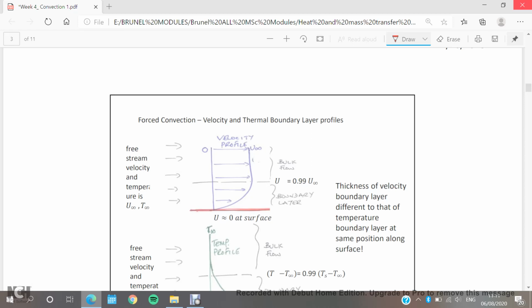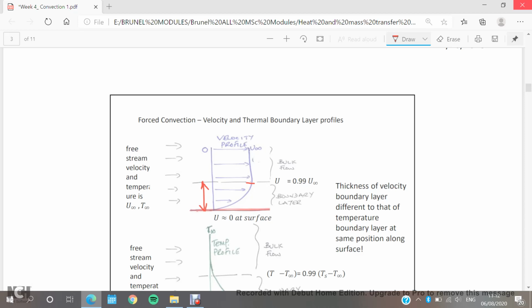The boundary layer thickness ends when the u at this point is equal to 0.99 u infinity, where u infinity is the free stream velocity of the fluid.